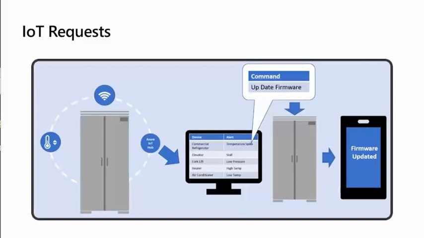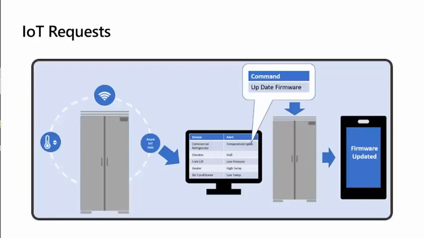Now, you can actually go in and register these different assets, so a refrigerator, appliances, equipment, or anything with Azure IoT Hub or Azure IoT Central, all within the Dynamics 365 Field Service app. Or you can even group them together, so maybe there's 3 refrigerators at a single restaurant. But what it's doing is it's actually monitoring the overall temperature of the unit. And it makes sure that it has the correct moisture level in specific zones.